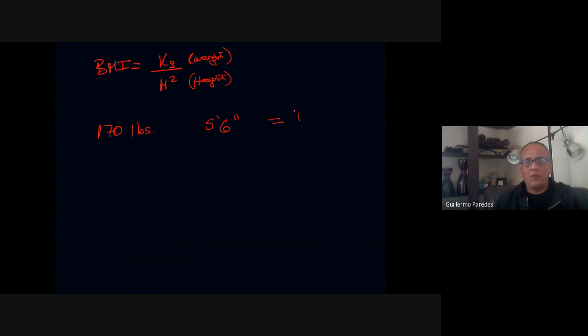So I want to calculate my BMI. I'm going to change pounds into kilograms first because I want kilograms on the top. So 170 pounds times, I put pounds here because I want to get rid of the pounds. I know the equivalence: 1 kilo is 2.2 pounds.